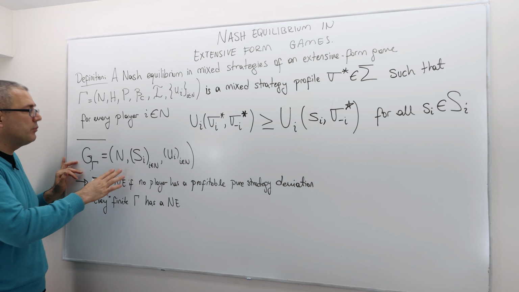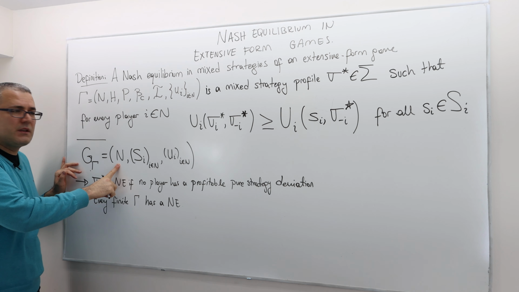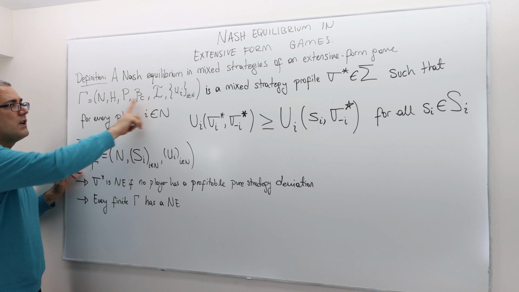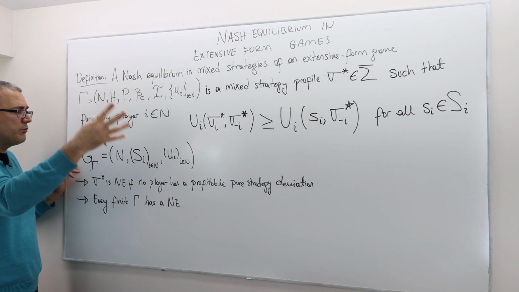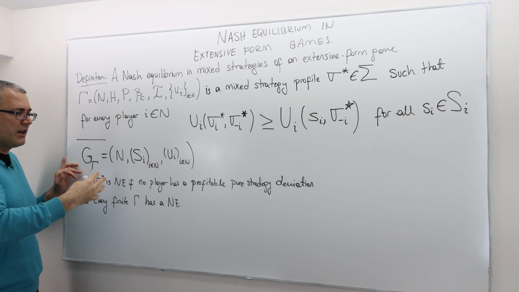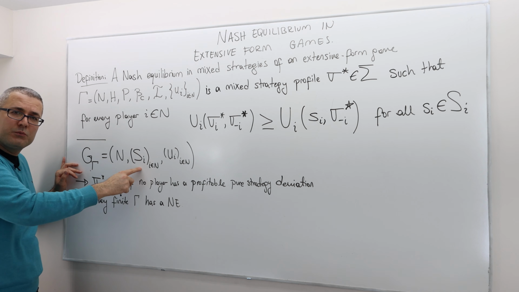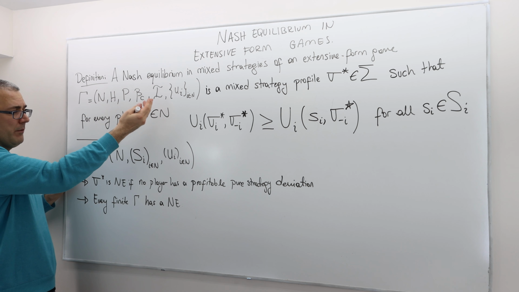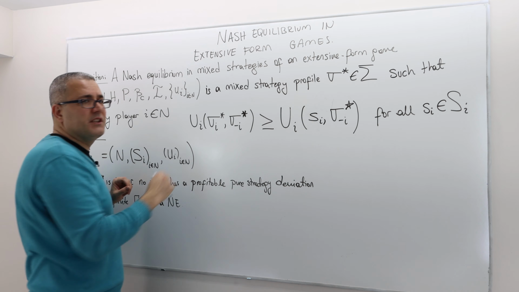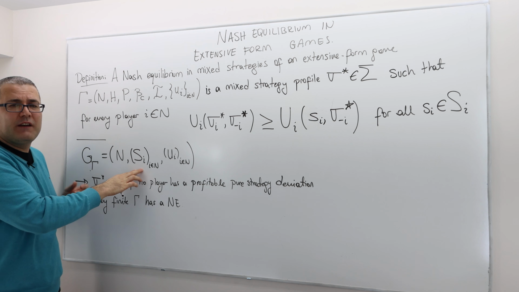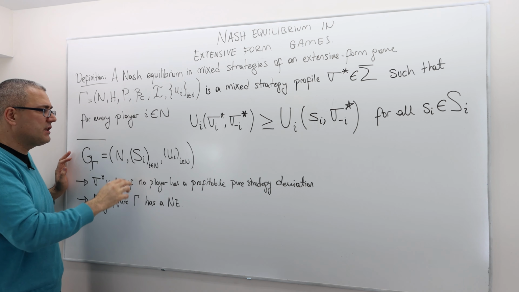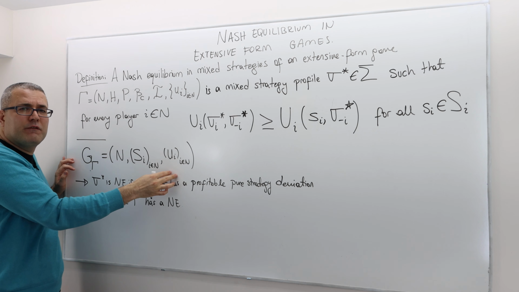How so? Well, simple. Use exactly the same players. Once all these histories, players and actions are given, we create pure strategies for each player. In order to talk about mixed strategies in an extensive form game, you first have to create the pure strategies and then use the same payoff function.